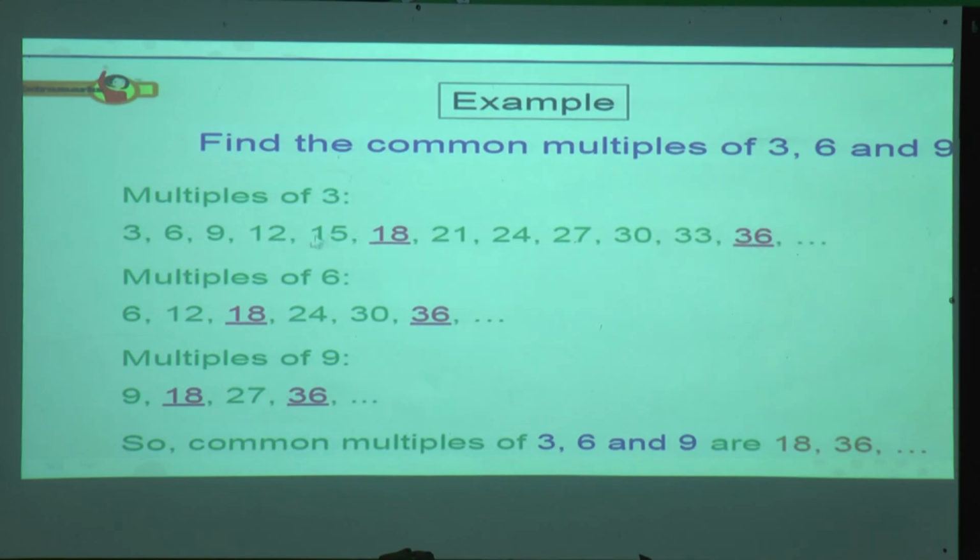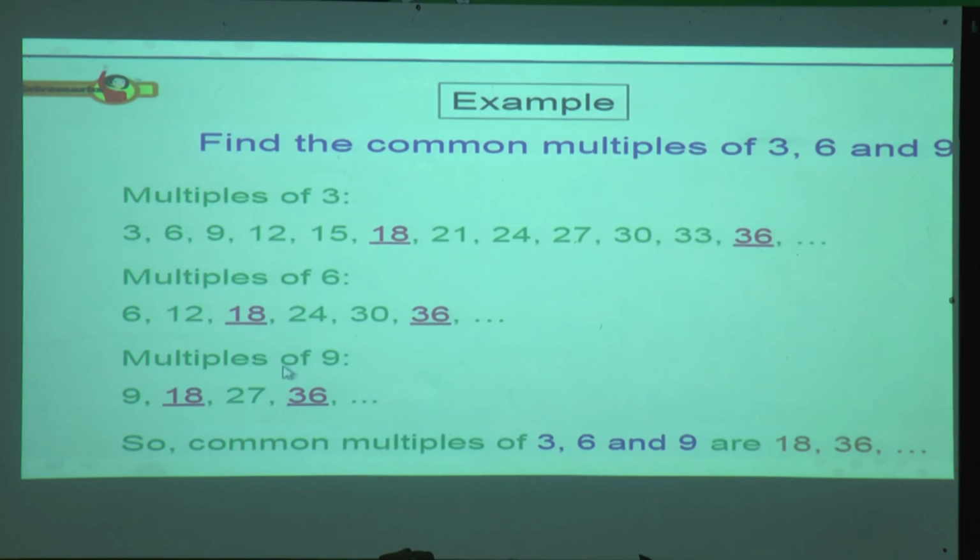As we have written the multiples of 3 a little longer, now we will write the multiples of 6. Multiples of 6 are 6, 12, 18, 24, 30, 36.